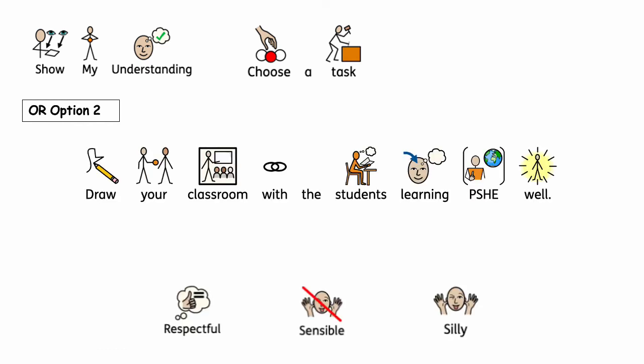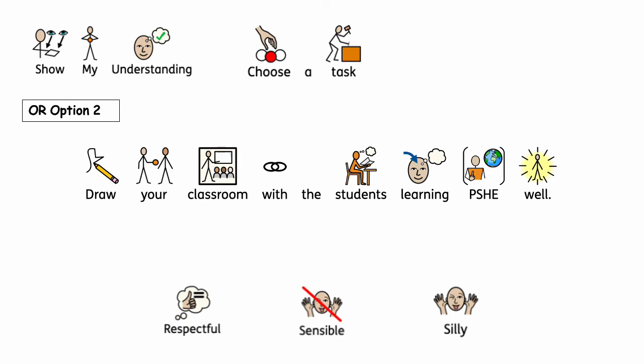Your second choice is to draw a classroom with students learning PSHE really well. So what does that classroom look like when students are learning PSHE and they're learning really, really well? Are they being respectful? Are they being sensible? Are they being silly?